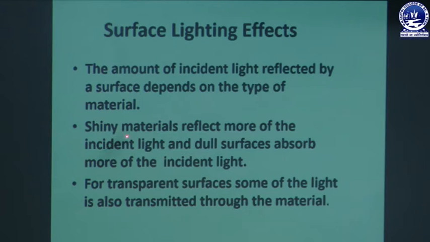Shining materials, that is luminous and opaque in nature, reflect more of the incident light, and a dull surface absorbs more of the incident light. If the given metal is shining, it reflects more, while dull surfaces absorb more of the incident light. Then for a transparent surface, some of the light is also transmitted through the material.